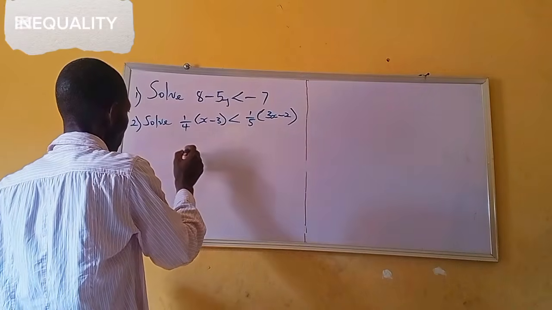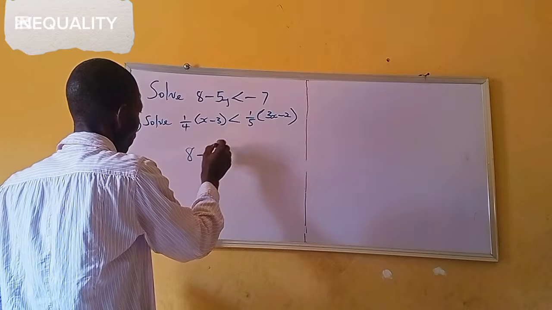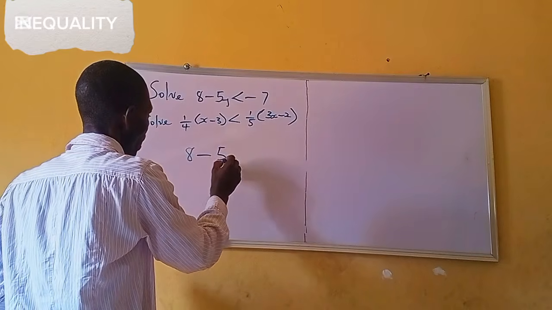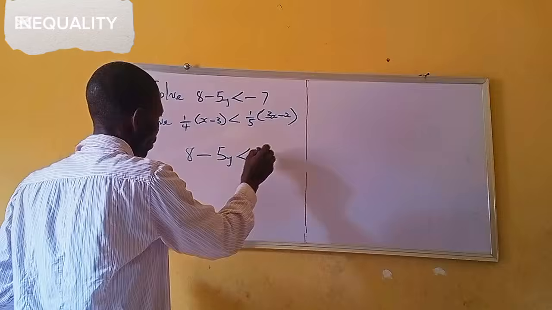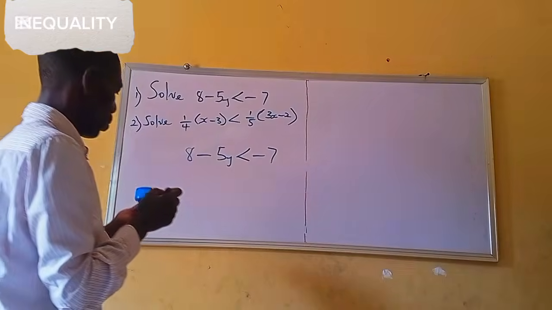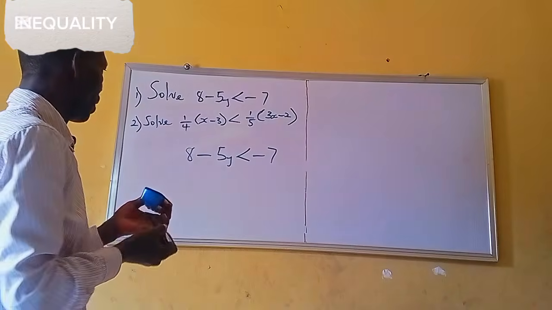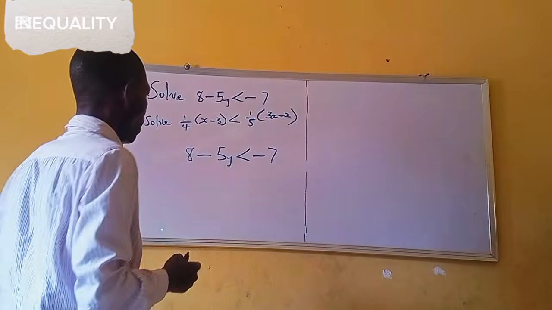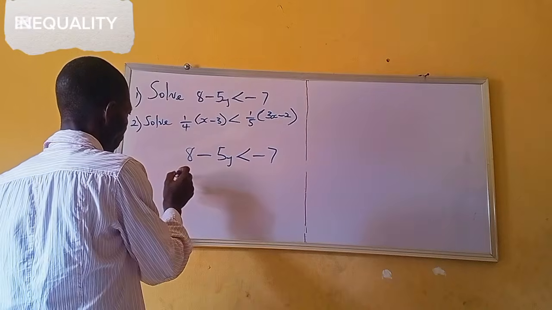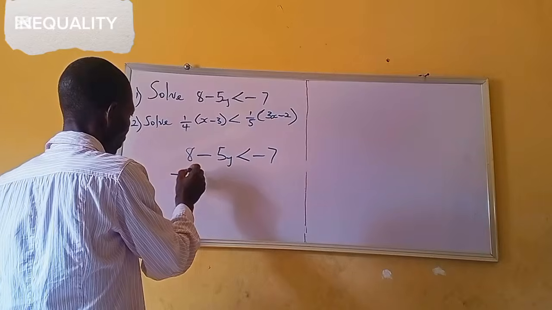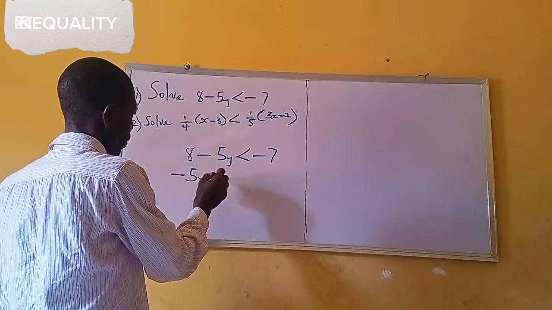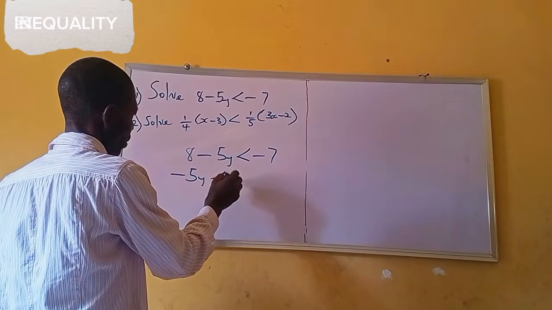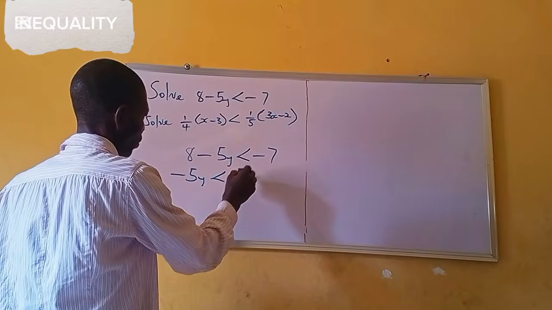8 minus 5y less than minus 7. So what you need to do in this regard is, you have minus 5y less than minus 7.